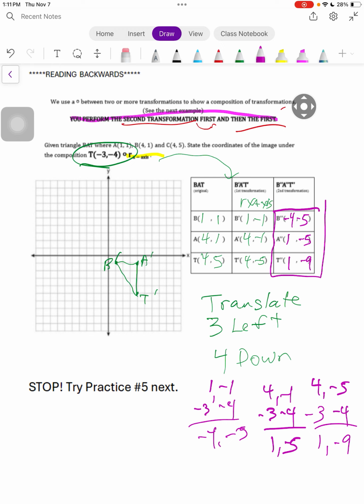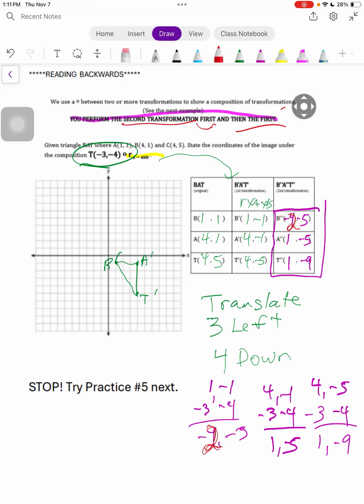But if they say and graph, then let's graph it. So what that means is we're going to slide 3 and slide 4. You wind up at negative, ooh, take that back. 1 minus 3 is not negative 4. 1 minus 3 is negative 2. So we have to change this to negative 2.